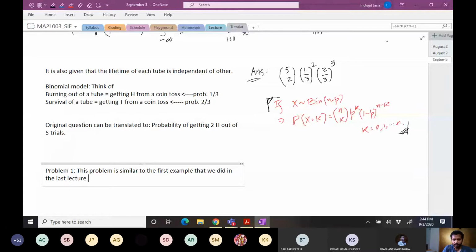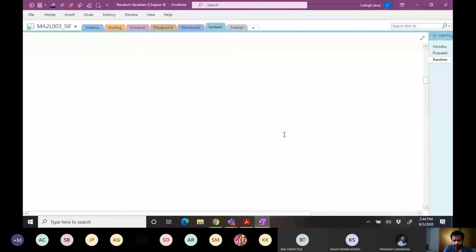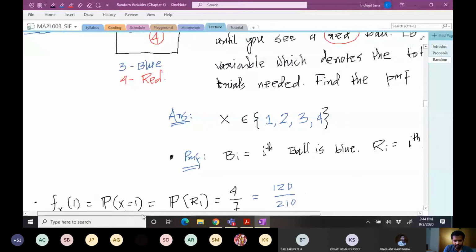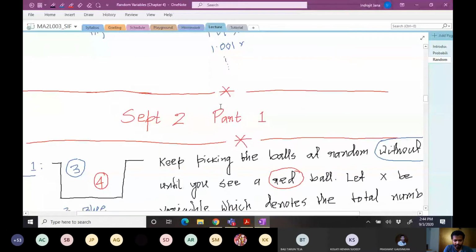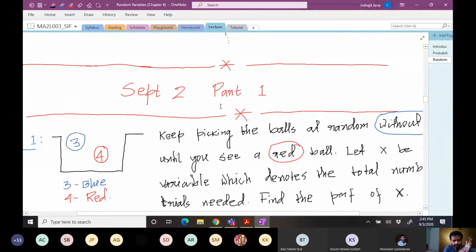So how is that? What was the previous day's lecture? Yeah, so this is the problem. Previous day we did this as the first example: there are 3 blue balls and 4 red balls. Think of those like 3 boys and 4 girls.